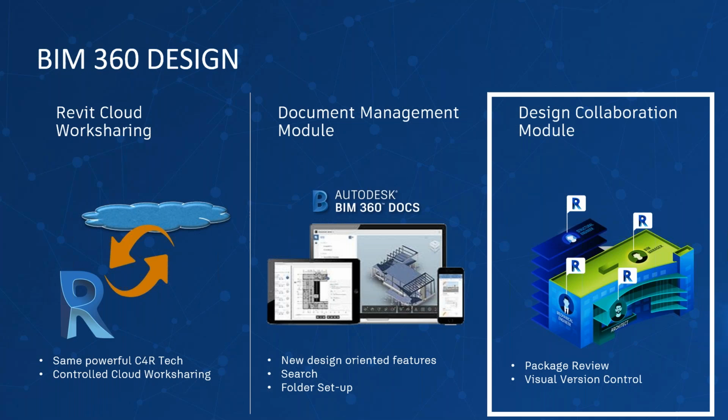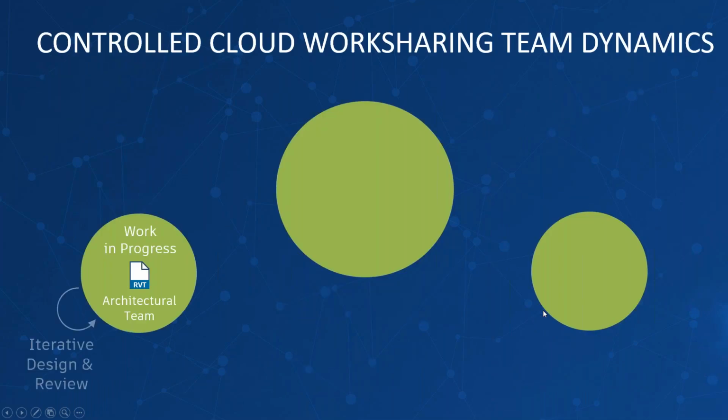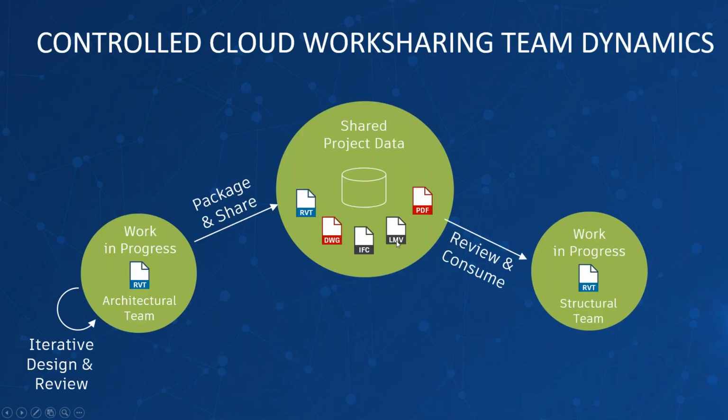We also talked about different packages, for example, different stakeholders working in. You also have the visual version control facility on the cloud. And all the project share data will come on a single file location. So either you do manual upload or design collaboration, but if you're using Revit, Plant 3D, Civil 3D, etc., try to do design collaboration directly from the native authoring application instead of manually uploading on the cloud.